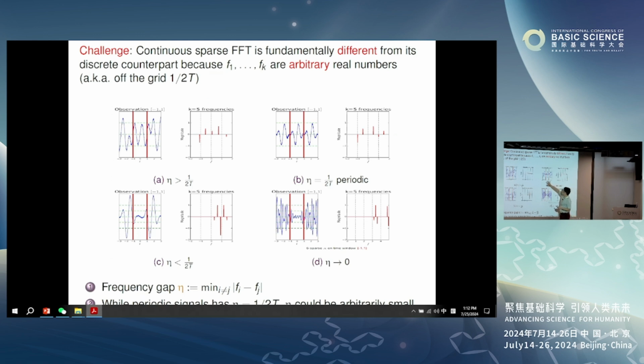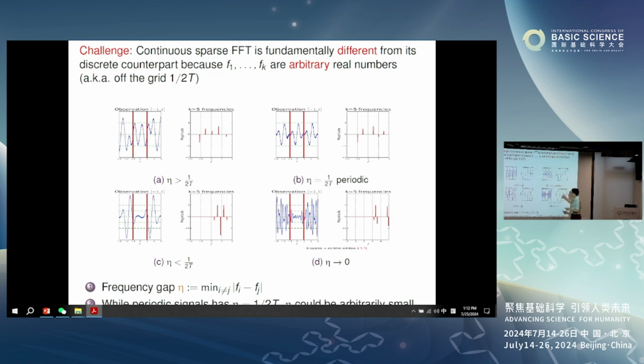Probably you know periodic signals. In these four pictures, the time window is from -1 to 1. The easiest case is when the signal is actually periodic from -1 to 1, like here. You can see this signal repeats 3 times.